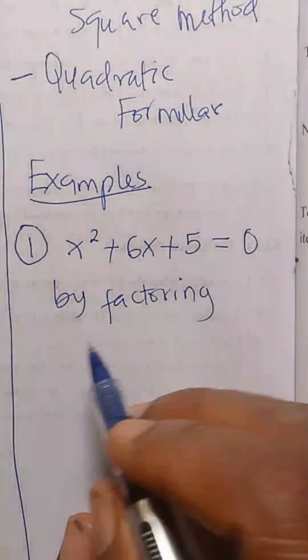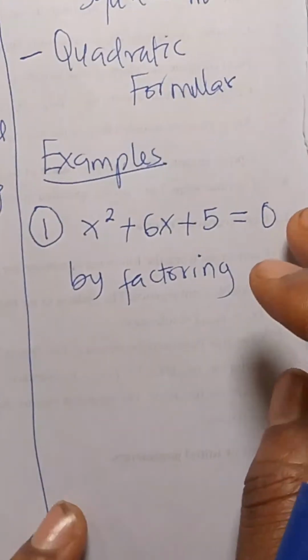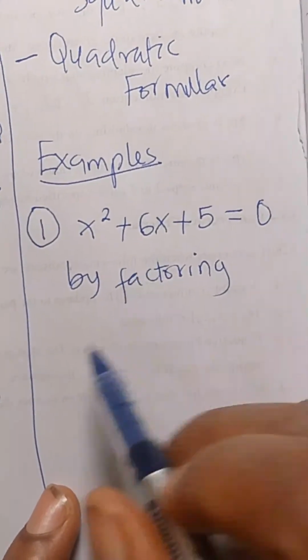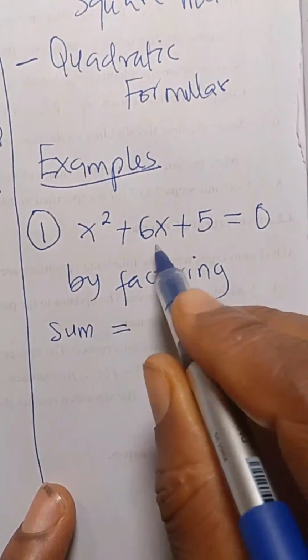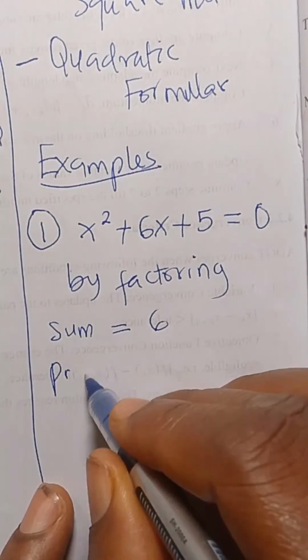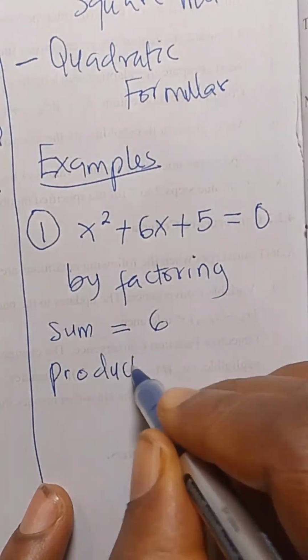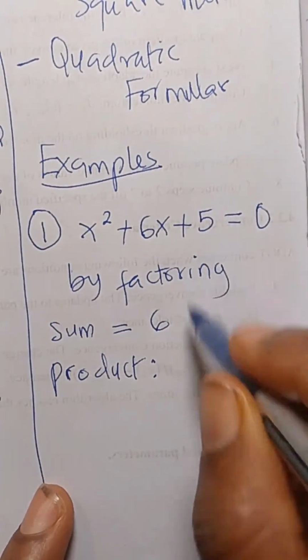We are going to find 2 numbers that, when we add them, give us 6, and when we multiply them, give us 5, the constant.